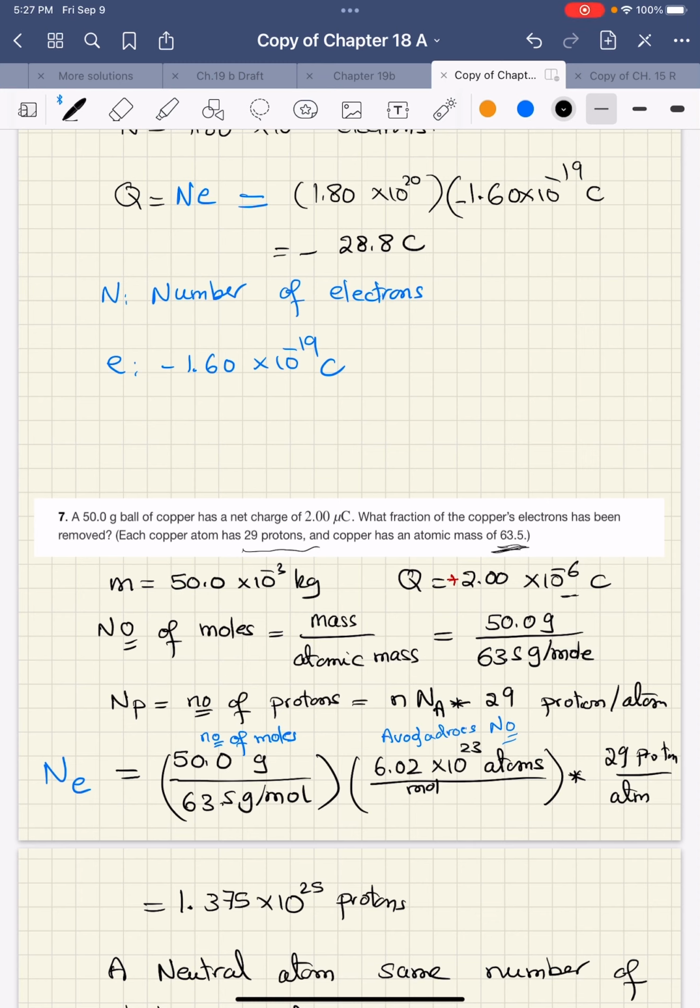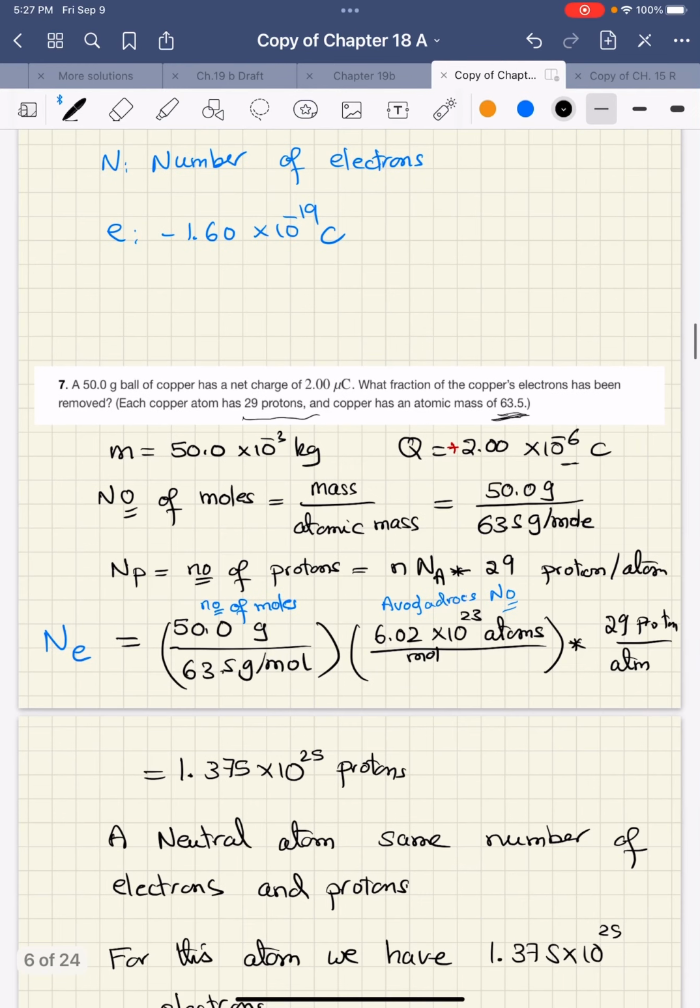Then here we can find the number of electrons by calculating the number of moles, the whole thing, times Avogadro's number, times 29 protons per atom.